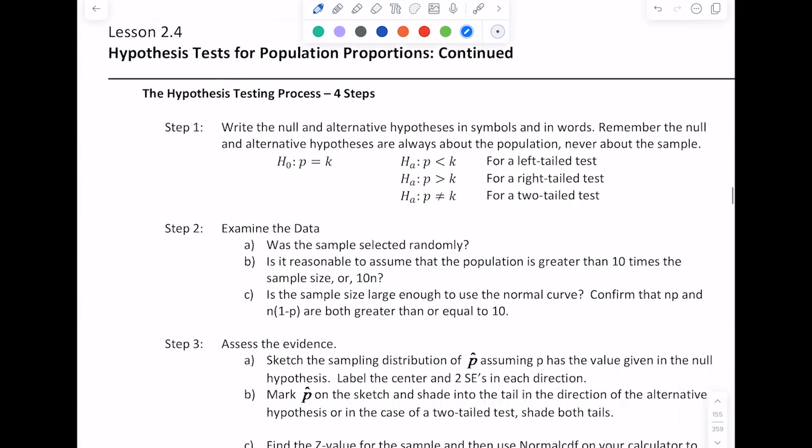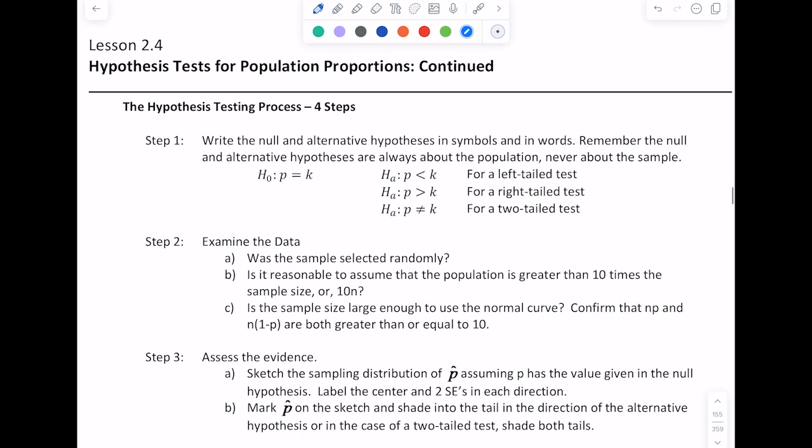So here are the 4 steps for doing hypothesis tests. Step 1 is you always want to write the null and the alternative hypotheses in symbols and words. The null, for your sake, is always going to be the equal sign, and we're always interested in the population, so we're going to have p.